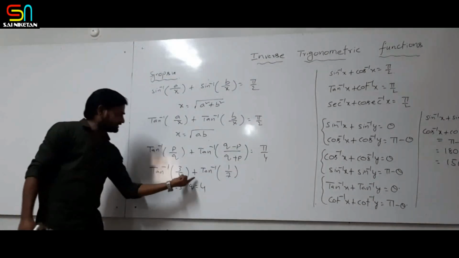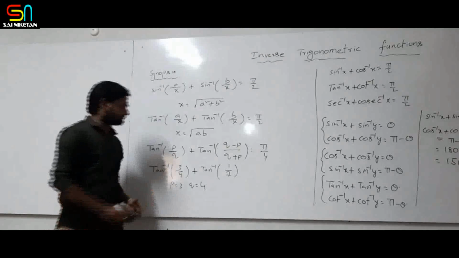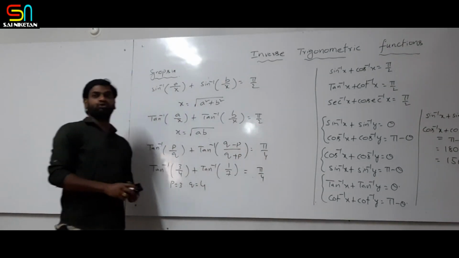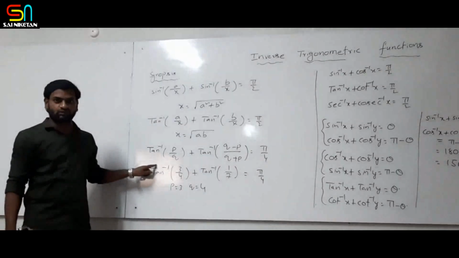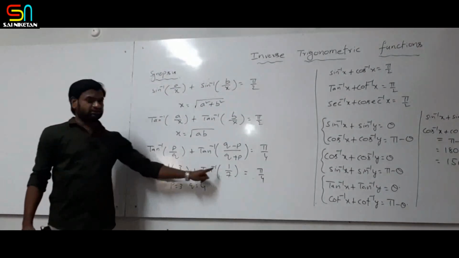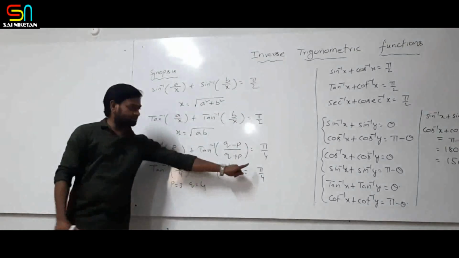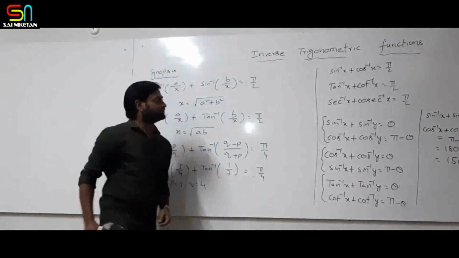Now this problem is entirely in the form of this one. So the final answer is directly pi by 4, without writing the formula for tan inverse x plus tan inverse y. Without using that formula, you can find that answer. Like that. Okay.